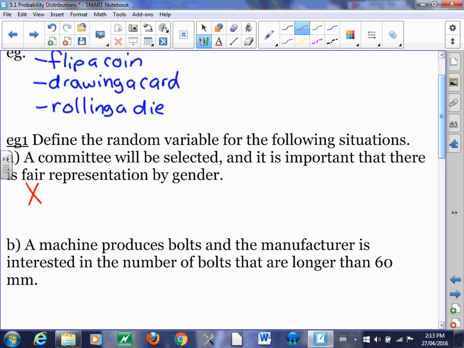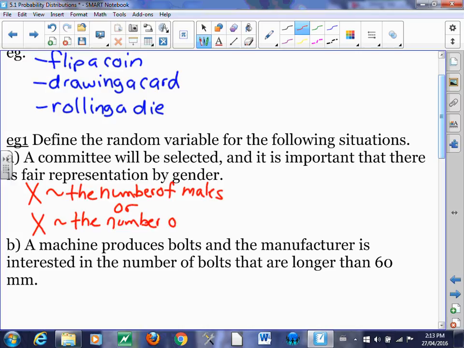So capital X, you could say, is the number of males, because it's by gender. Or you could have also introduced your problem as the number of females. Okay? And again, remember that this is discrete because it's number of people, right? You can't have 10.4 people, right?